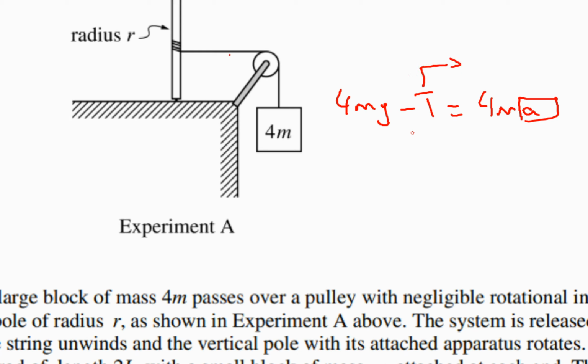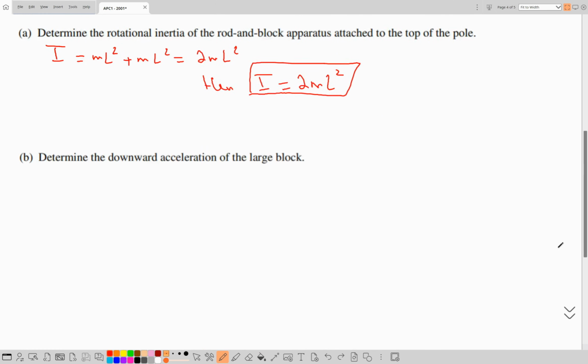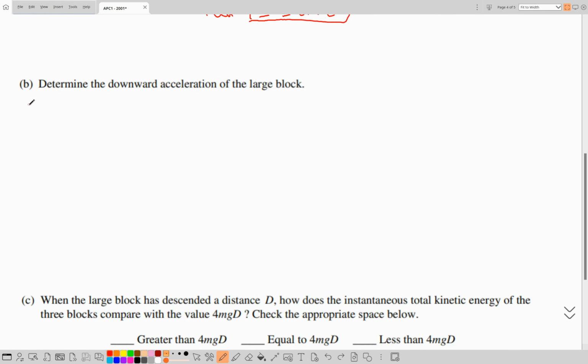Now in order to solve for the acceleration, we need to determine the tension. The tension is found by applying Newton's second law for the pole and the rod and the blocks. So first let me start by applying Newton's second law for the block.